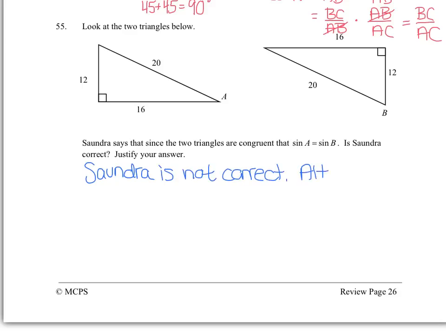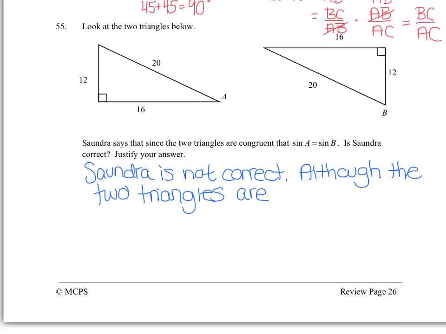So although the two triangles are congruent, we know that sine A does not equal sine B. We know that sine A is going to equal cosine B, which is how we know that it's not equal to sine B. But let's show why.